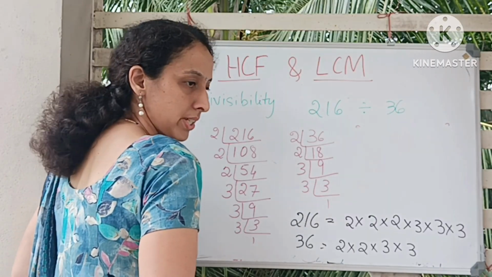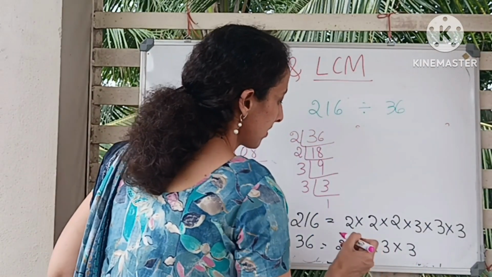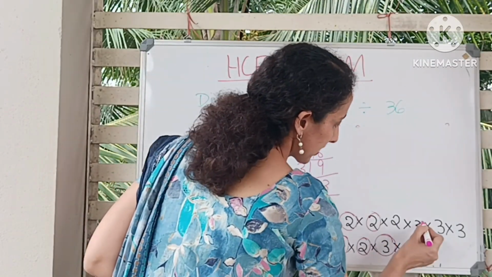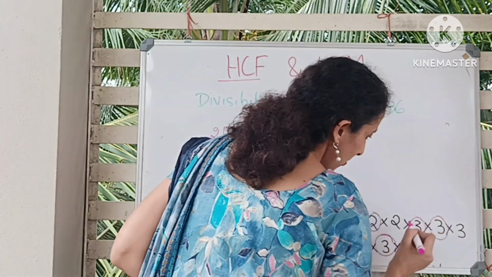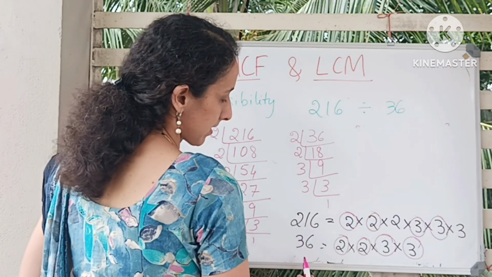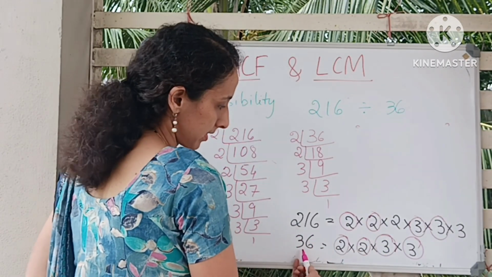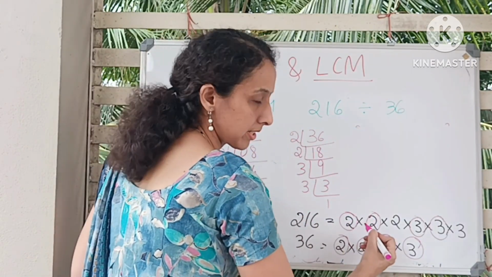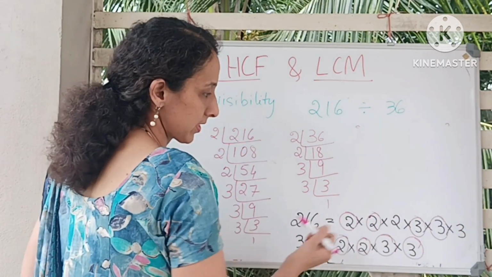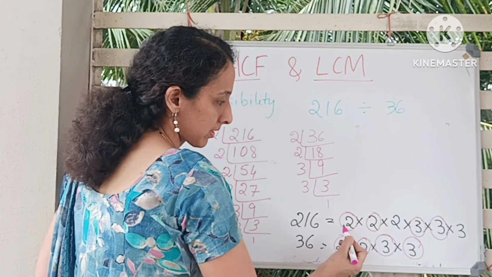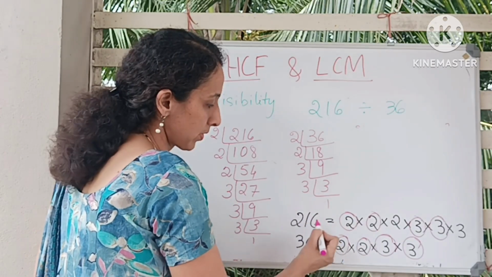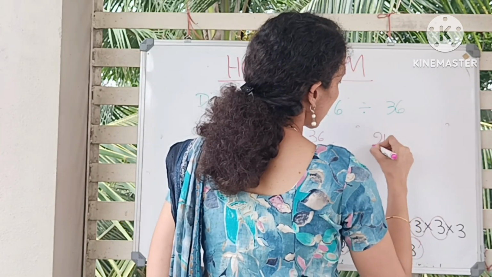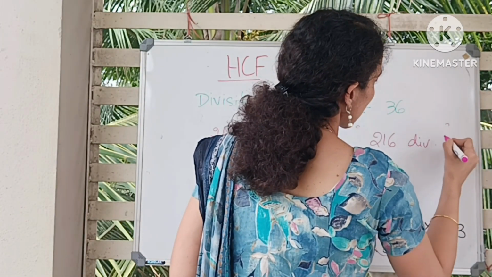Now we can see here 2 is common, another 2 is common, one 3 is common, another 3 is common, and in the second number, that is 36, all its factors are covered in the prime factorization of the first number. This means that 36 is a factor of 216. That is why 216 is divisible by 36.